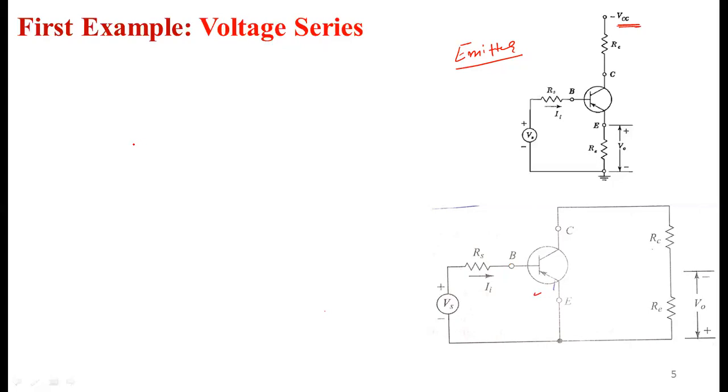So the hybrid model is, here we have HIE and here we have the current source. This is the equivalent circuit of the BJT only, HFE IB, and here we have the HIE.